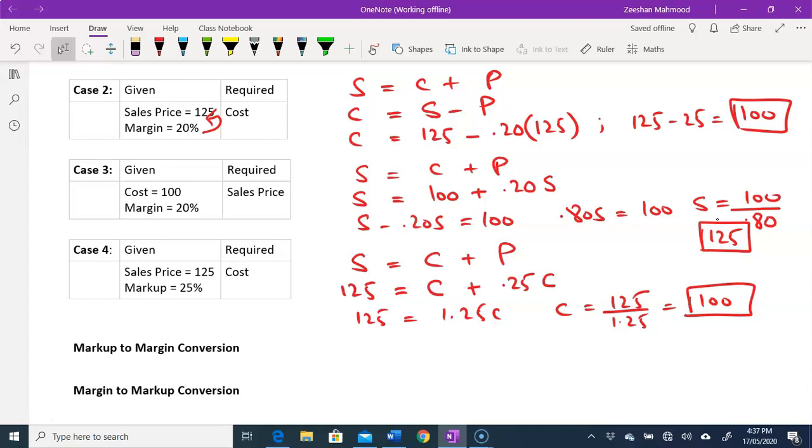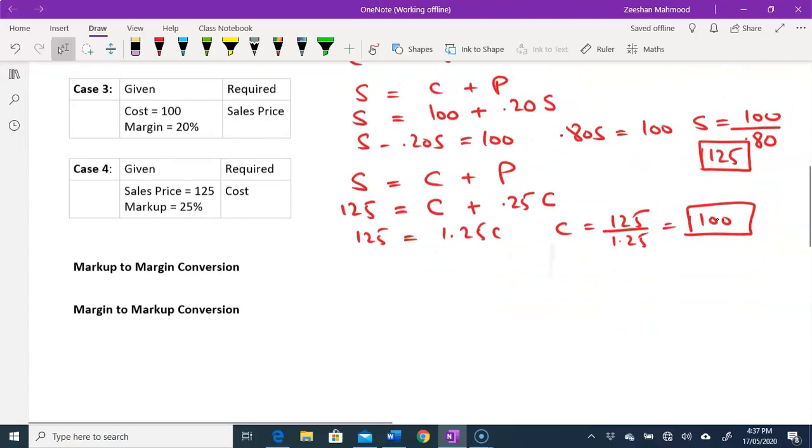But still we can apply the equation. Whatever is unknown, we can take it as a variable, and then we can solve for that variable in order to find what is required. So this is the application of the concept of markup and margin.